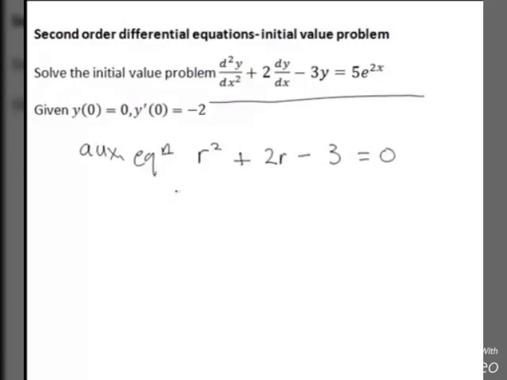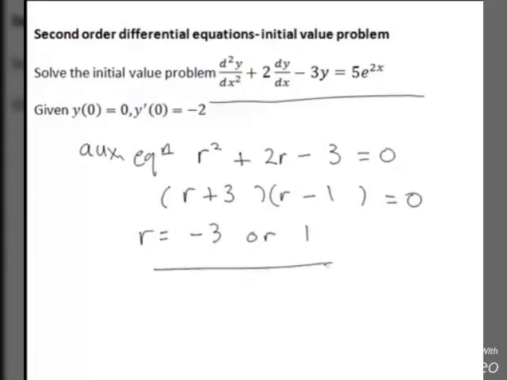And we solve that for r. In this case, that one is going to readily factorise as (r + 3)(r - 1) = 0. So therefore r is -3 or 1 in this case.